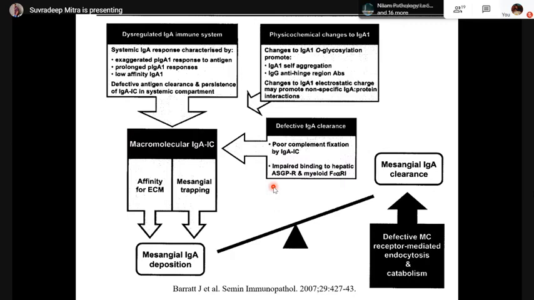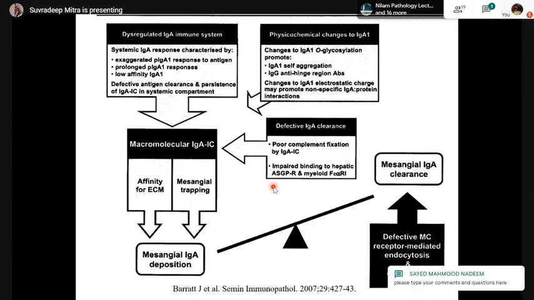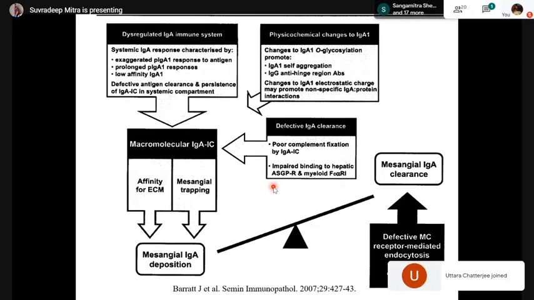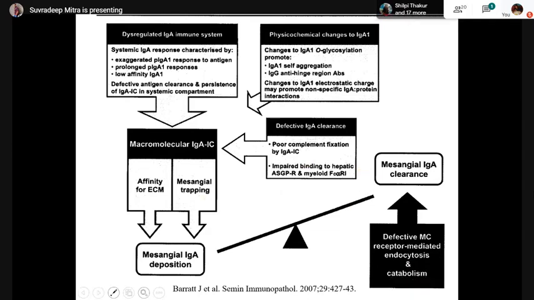Now, if you go back and read the anatomy of the space of Disse, it's a potential space. It's not a space, it's a potential space. And this space becomes too small for the entry of such macromolecules. So the hepatocytes cannot take up these IgA molecules, and also the myeloid cells cannot clear it. So the polymeric IgA becomes more and more in the host, and there is deposition promoting the IgA nephropathy.